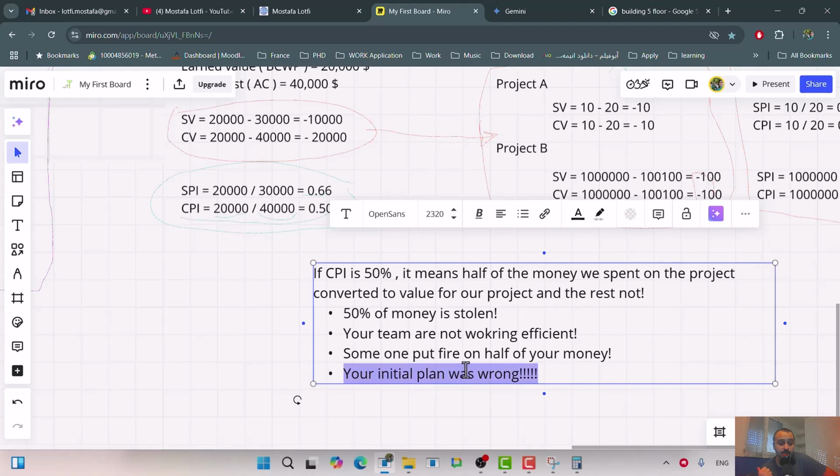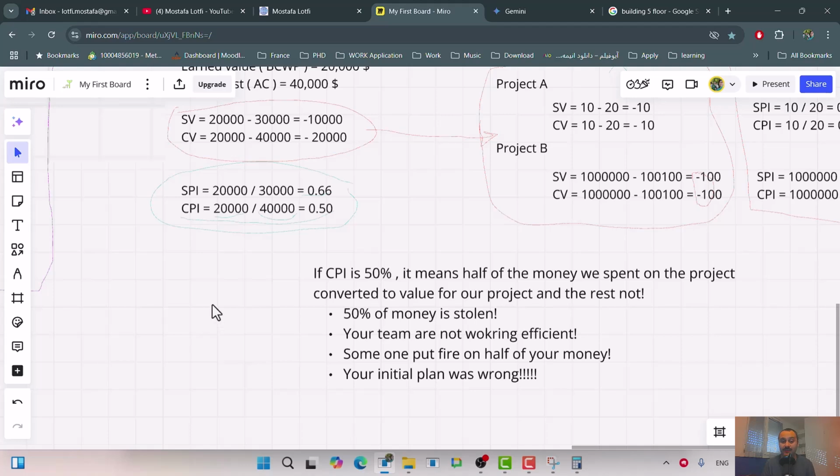If the initial plan was wrong, then the whole calculation for the CPI and SPI is wrong, because everything is based on your planned value. If the planned value is calculated by mistake, for example your cost estimate was wrong, or you didn't see some of the work that you had to do while building these floors, then your initial estimation was wrong.